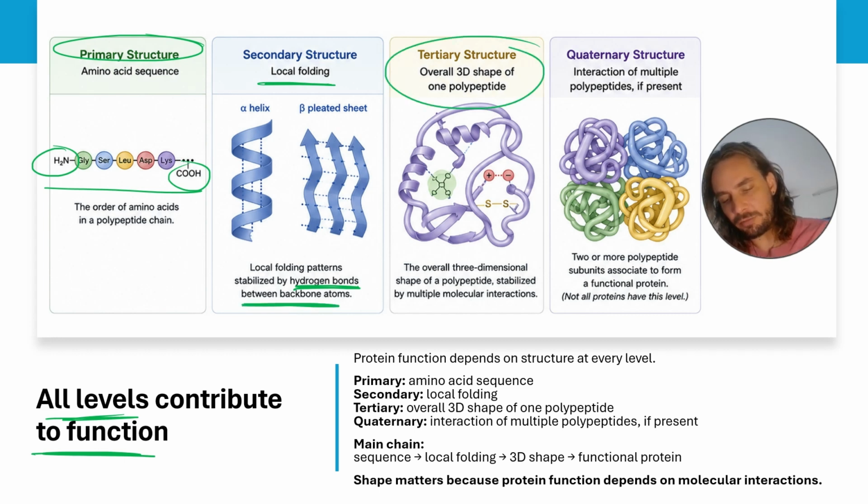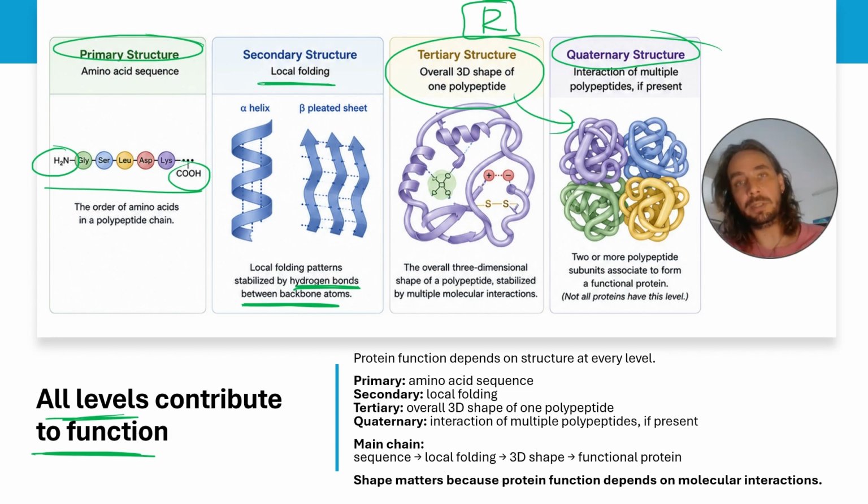The tertiary structure has to do with the R groups, and the quaternary structure is when 2 or more tertiary structures come together to form the final protein. Now, the shape matters because the protein function depends on the molecular interactions. So if the shape changes, the interaction changes, and then the function will change.